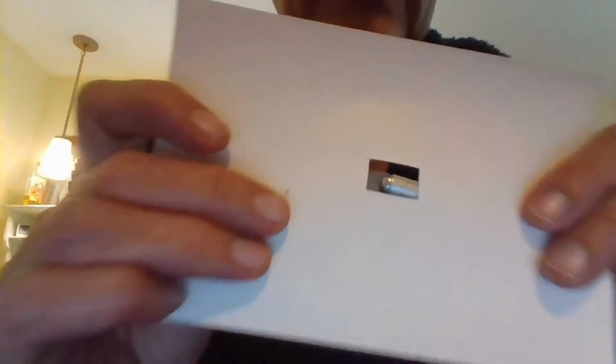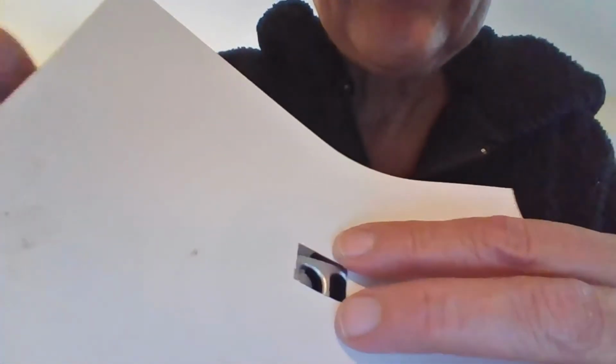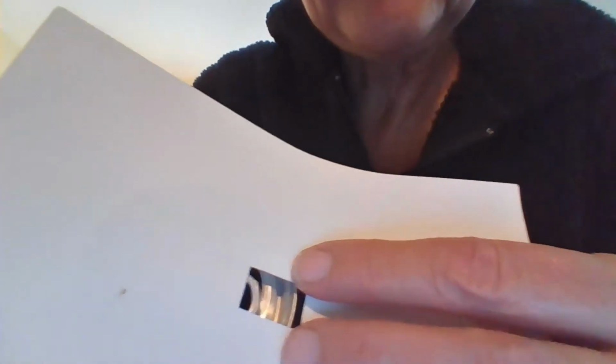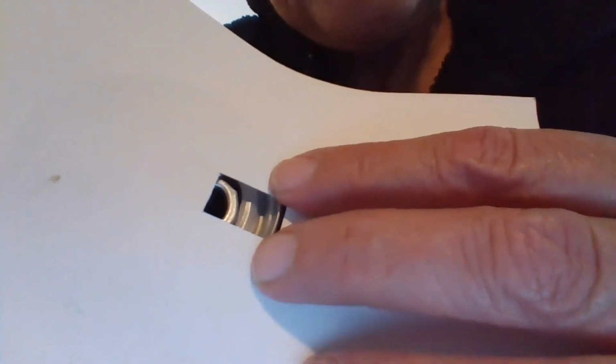Okay, so I'm going to tone my paper, and then I'm going to tape something up there, and that'll probably take me a little while, so I'm going to pause this while I do that. You can even do something like this, right? And then you enlarge that on that paper. Okay, I think you get the idea.